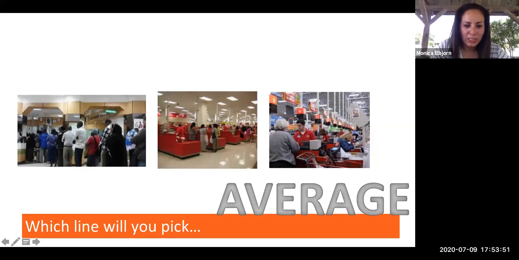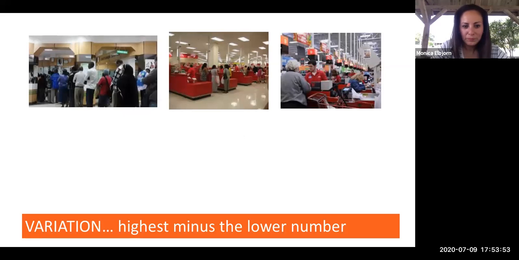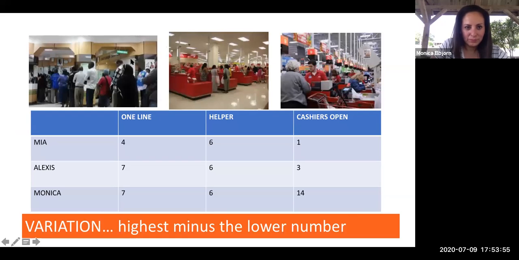So these are the results. Even though the average was still the same, the variation was really high.